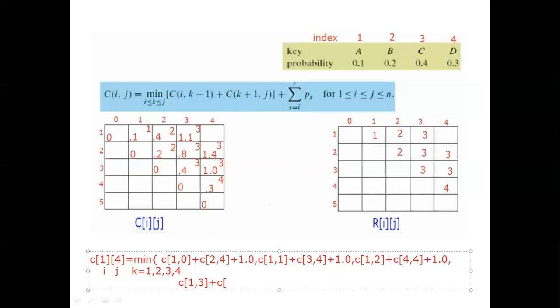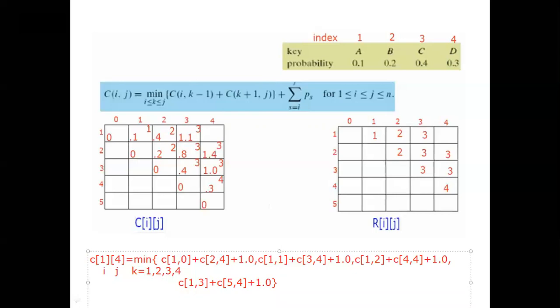K is 4. Then K plus 1 is 5, comma 4. Why it is 4? That is nothing but the J value. What is the J value? It is 4, plus sigma value. What is the sigma value? 1.0, closing the bracket.